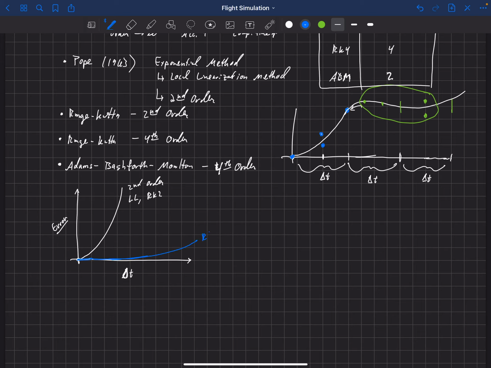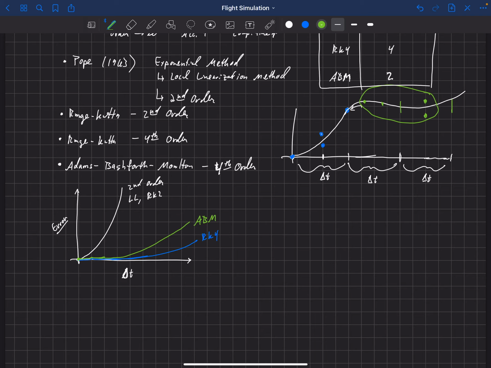So I'm going to say RK4 as delta t grows, and then I'll use green for the ABM method here. So the ABM method is also fourth order, and so it also stays low, but it actually increases a little bit more rapidly than the RK4 method.